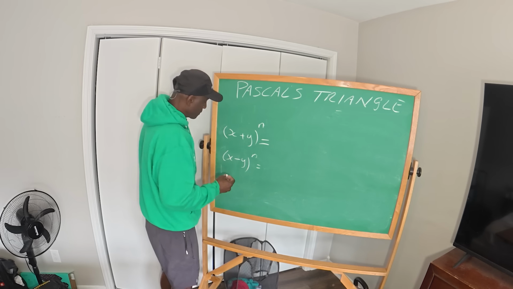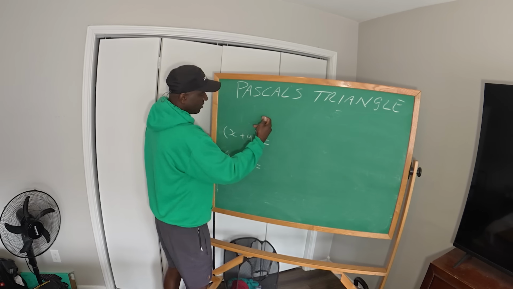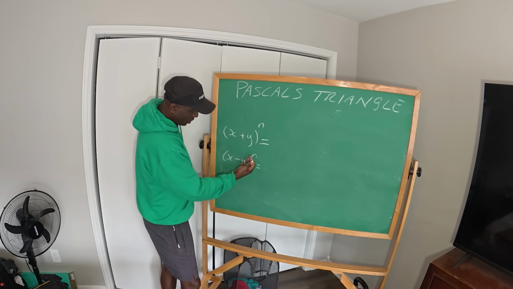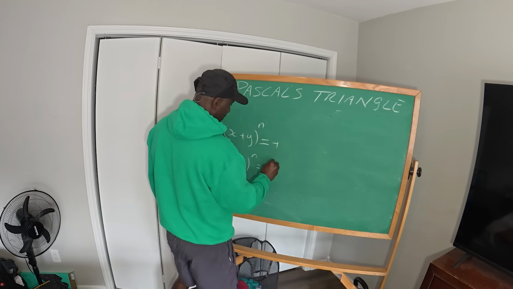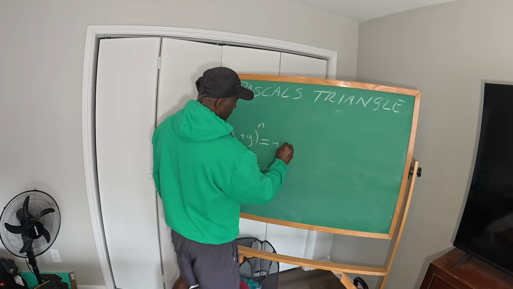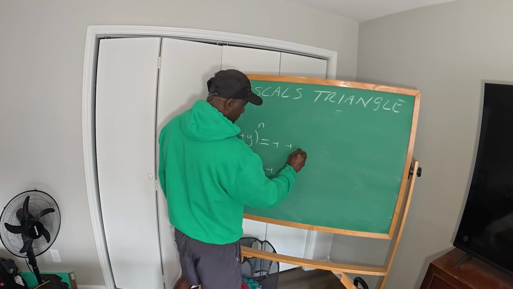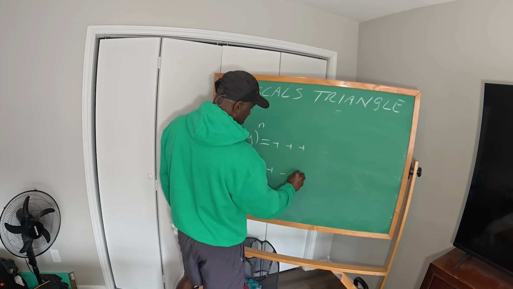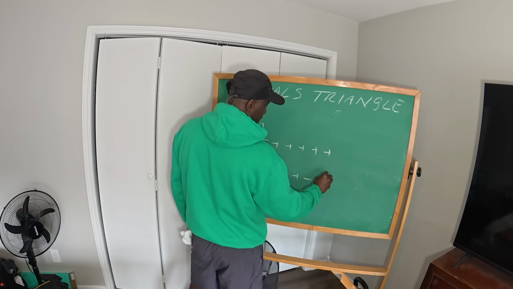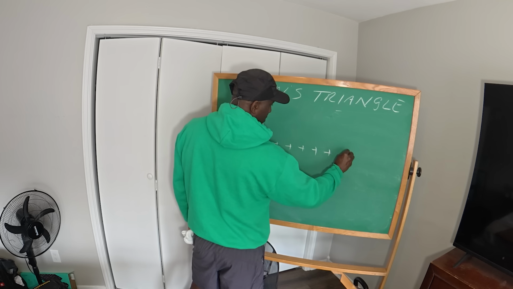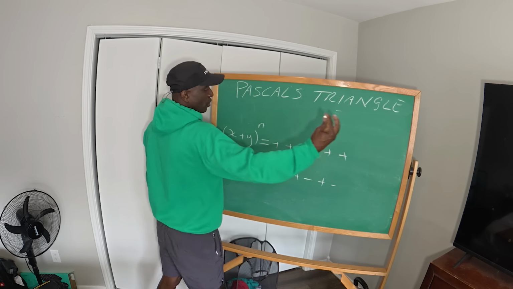To summarize, when we have x plus y to the nth power and x minus y to the nth power, our sign convention will be positive, positive, positive, negative, positive, positive, positive, negative, positive, positive, positive, negative, and keeps going on.